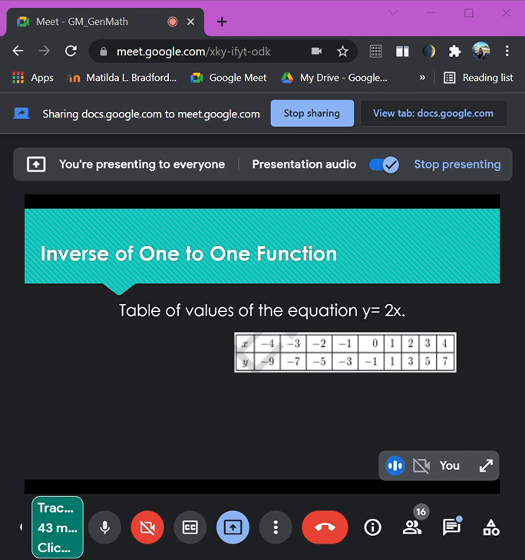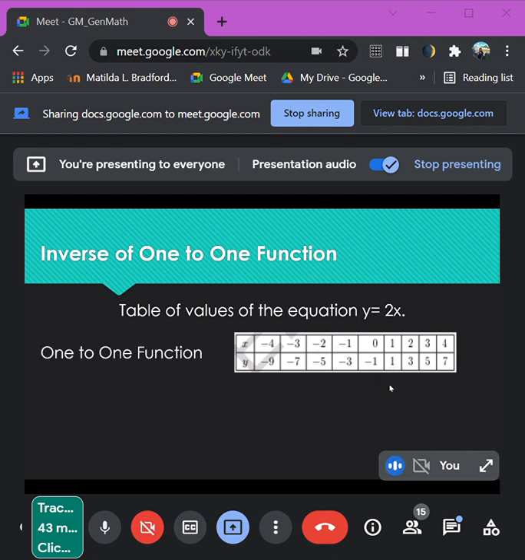Teacher, unsa ni siya pagkuha? Actually, kaning table of values diri nga inyong makita is isolve gyud na siya. I-substitute ra na diri. Okay? So, as is lang ni siya class.